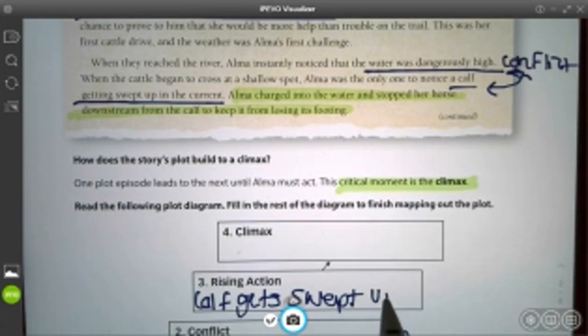So our rising action is the calf gets swept up in the current.